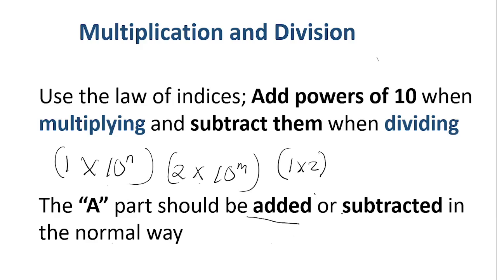Now, if you are dividing, we are going to use the same one, only that we have a division sign here, not a multiplication sign. So we are going to say 1 divided by 2 in the normal way, the a part, times 10 to the power n minus m. That's what they're trying to say here. Actually, the multiplication and division part is really simple.